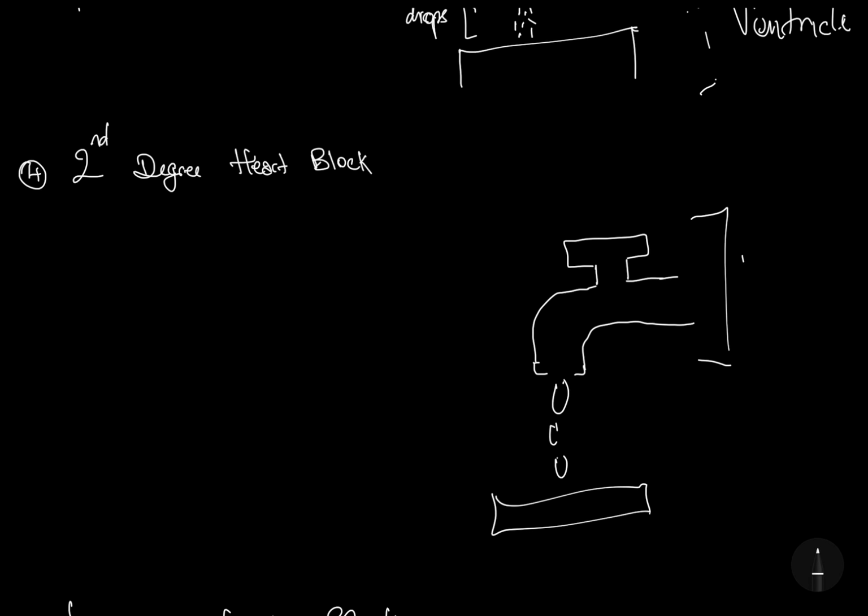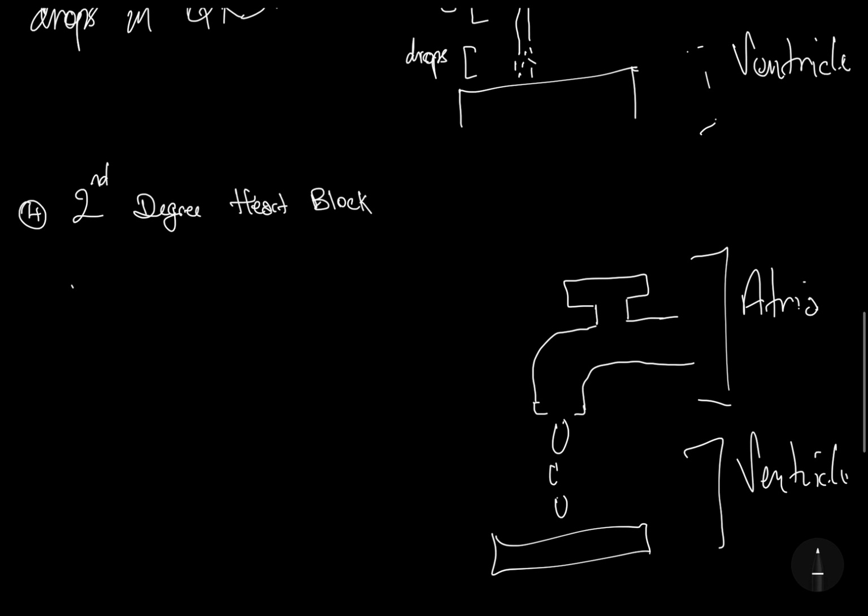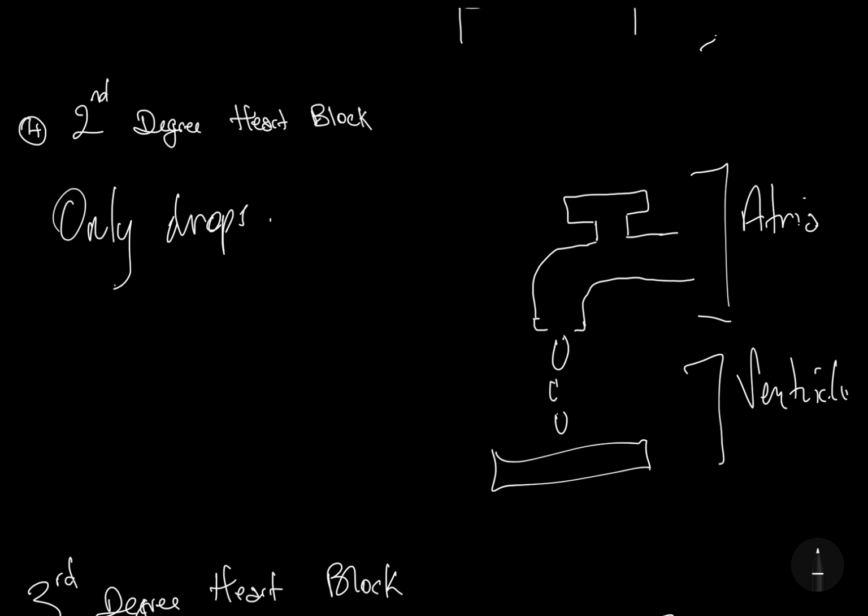So again, we know this is the atria, ventricle, and only drops. So again, the characteristic is drops in the QRS. And this is, as I said, a different type of second degree heart block.